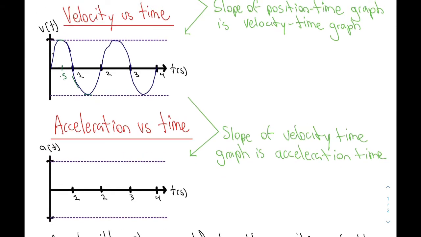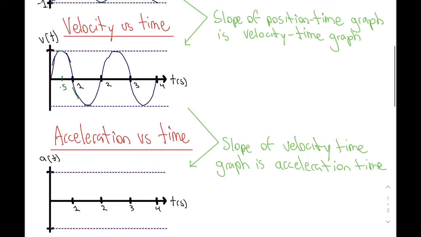So from 0 to 0.5, the slopes are positive. And from 0.5 to 1.5, the slope is going to be negative. And we'll repeat that process until we reach the end of the graph.